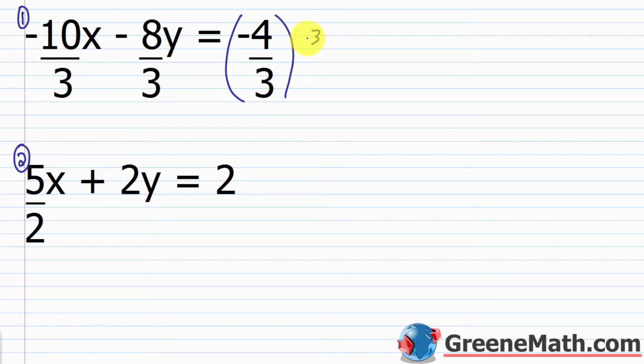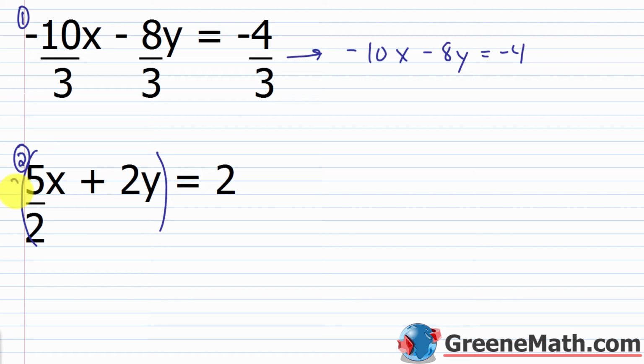If I multiply this by 3 and this side by 3, I would have what? Negative 10 times x minus 8y equals negative 4. So let's erase this and say this is this now. For this one, I can get rid of this denominator of 2 by multiplying both sides of the equation by 2.